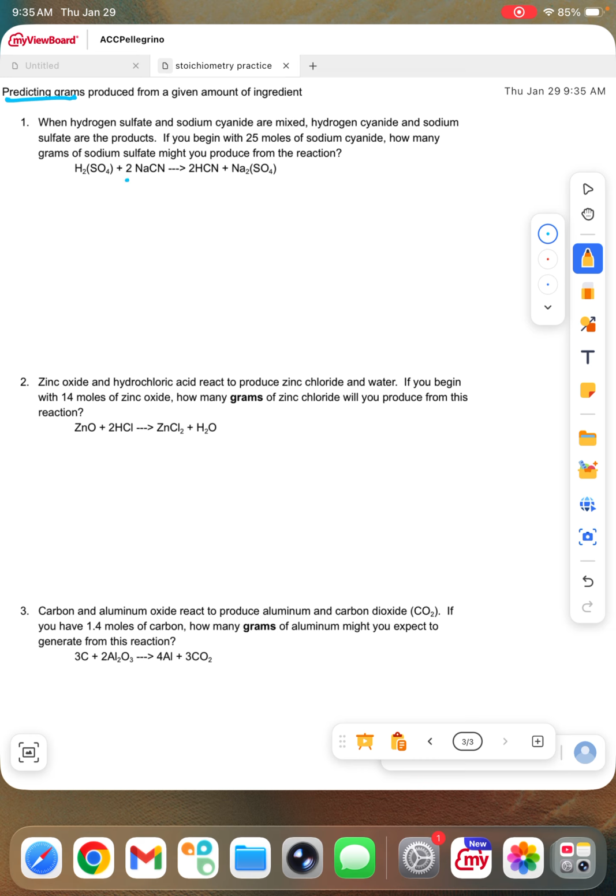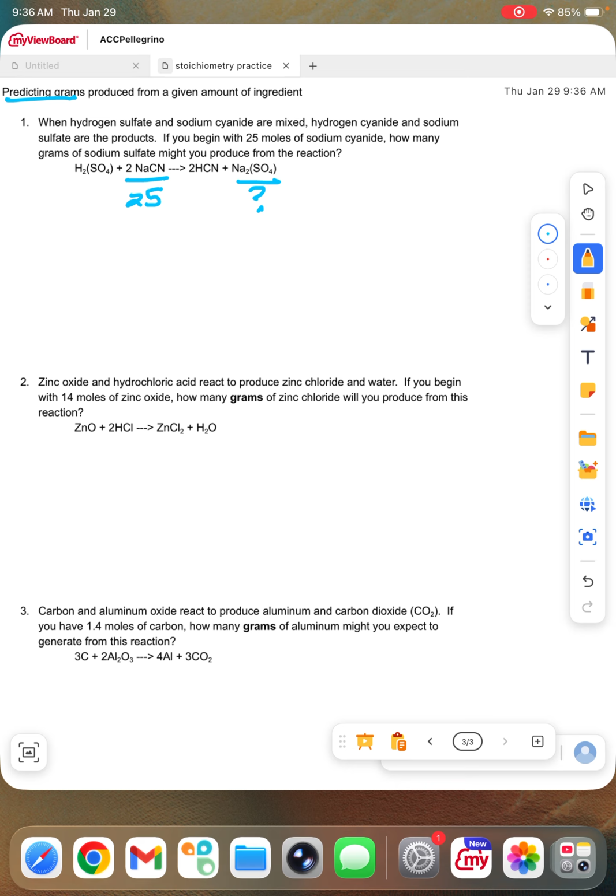So we still have a 2-to-1 ratio here of our sodium cyanide to sodium sulfate, which is what we're dealing with. It says when hydrogen sulfate and sodium cyanide are mixed, hydrogen cyanide and sodium sulfate are produced. If you begin with 25 moles of sodium cyanide, how many grams of sodium sulfate? So instead of how many moles, we're figuring out how many grams. But first we have to figure out how many moles.